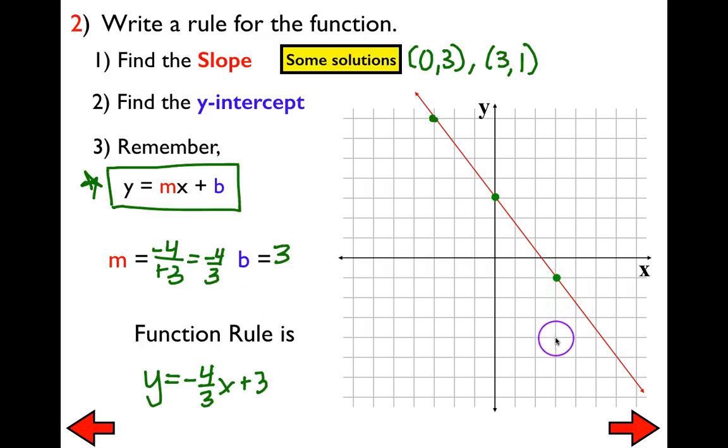So this ordered pair would be (-3, ...), and this last one would be a negative 5. So once again, all of these are ordered pairs, which also are solutions.